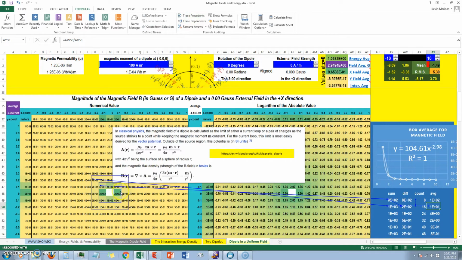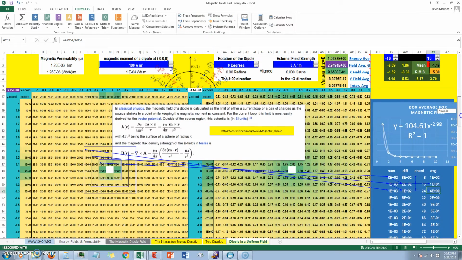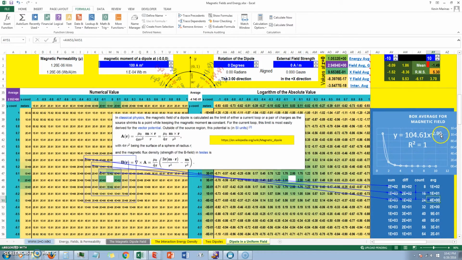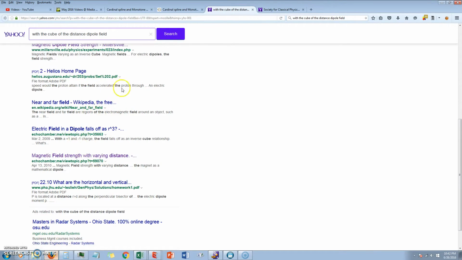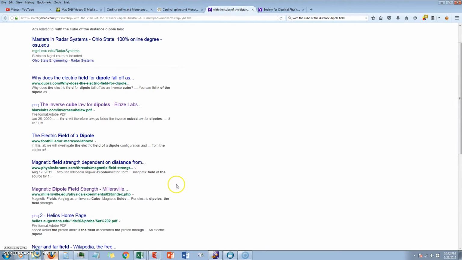Now you can see it's the same process, but now this is taking the average of each of these rings, and then same here, and so forth. Okay? So with that, this gives us a value that tends to vary with the inverse cube of the distance, which in fact is how it is.